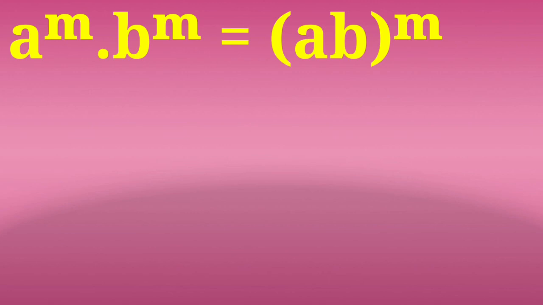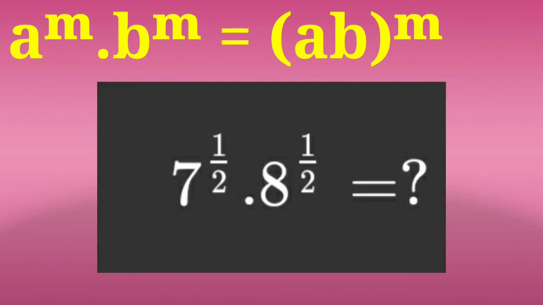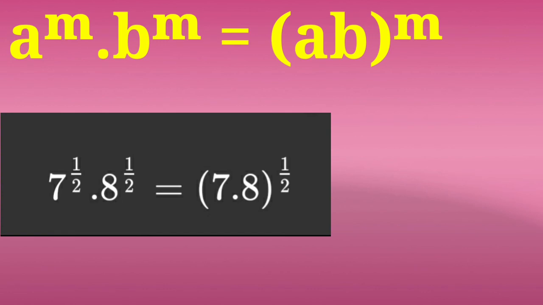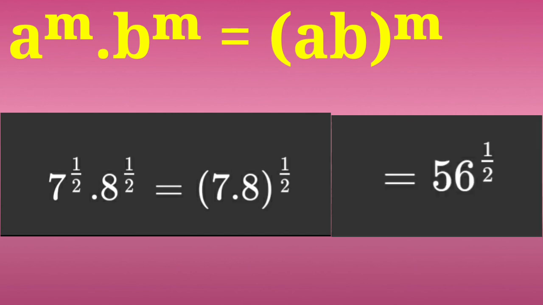One example, 7 raised to 1 by 2 into 8 raised to 1 by 2. What will you get? 7 into 8. First you have to multiply the bases. 7 into 8 all raised to the power 1 by 2. In both the numbers powers are the same. So 7 into 8 raised to 1 by 2. 56 raised to 1 by 2. 56 raised to 1 by 2 means square root of 56.